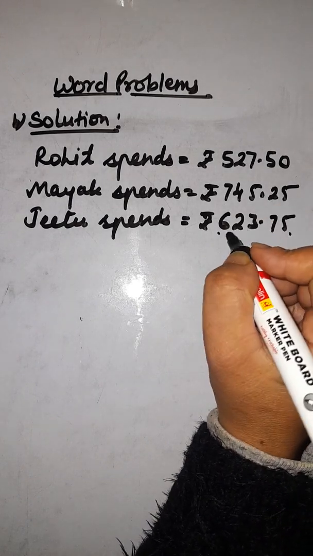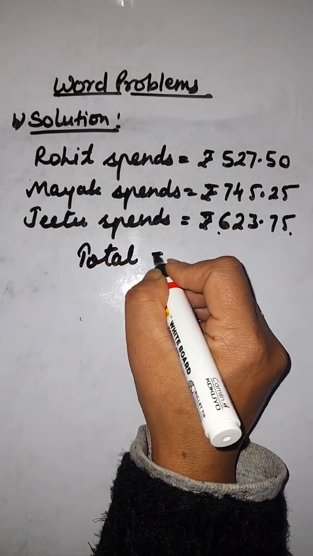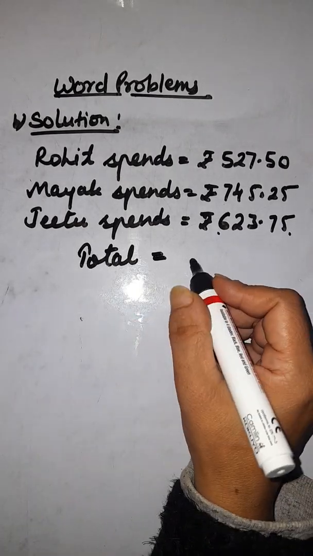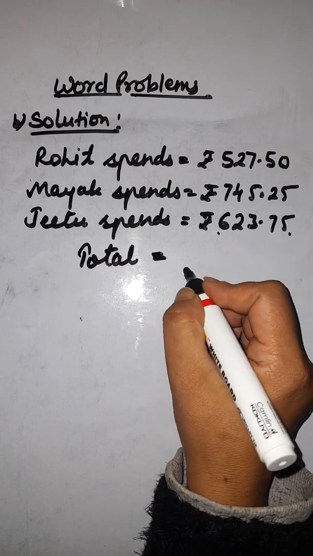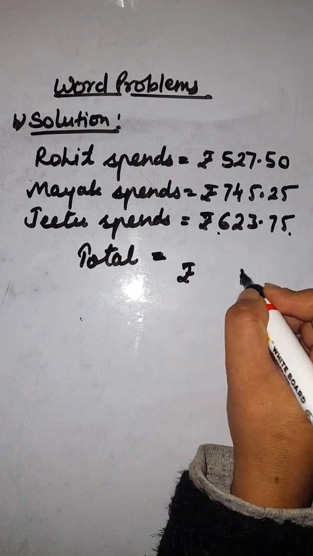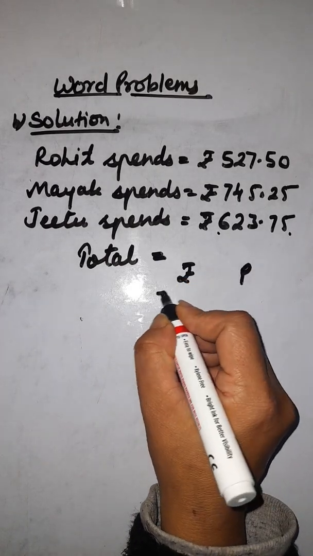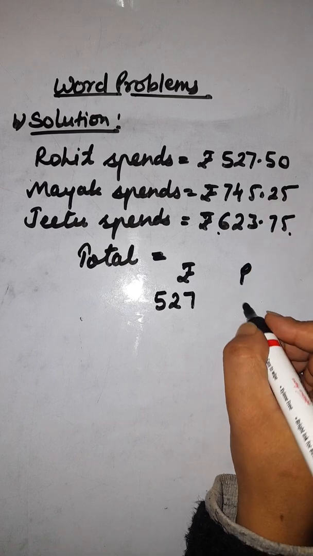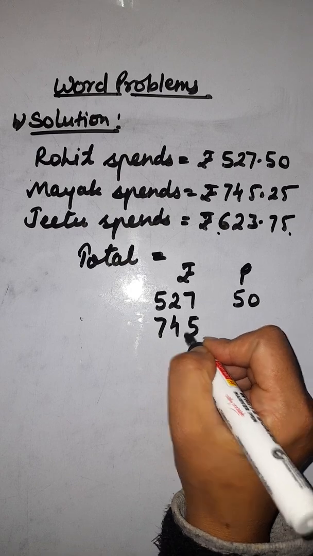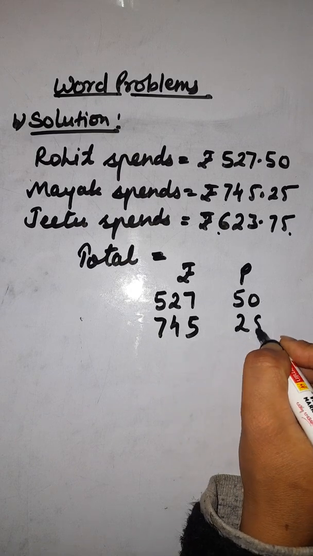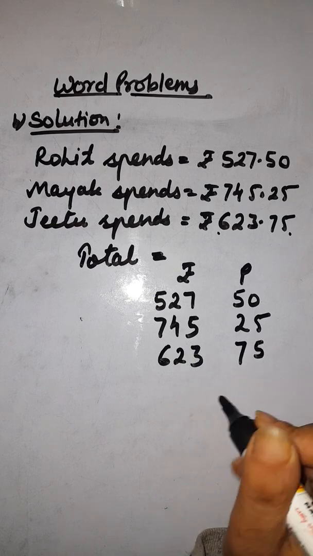Now we have to find out the total amount, so we need to add. We can add all the amounts by separating the rupees and paise columns. We'll put the rupees in the rupees column, 527, and below the paise column 50, and 745 here 25 paise, 623 and here 75 paise.